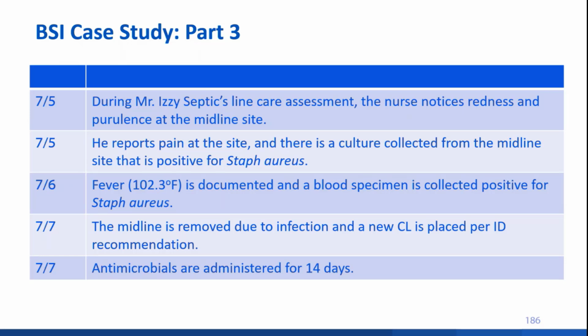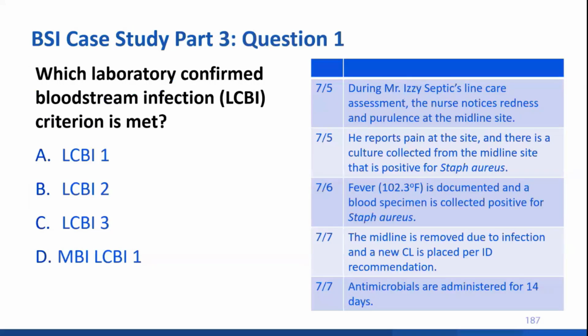There's also a fever noted on 7/6, and a blood specimen is collected, and it too is positive for Staph aureus. The midline is removed due to infection, and a new central line is placed per ID recommendation on 7/7, and antimicrobials are administered for 14 days.